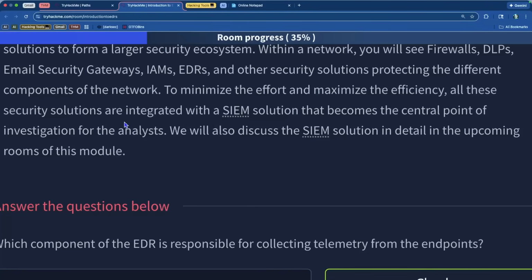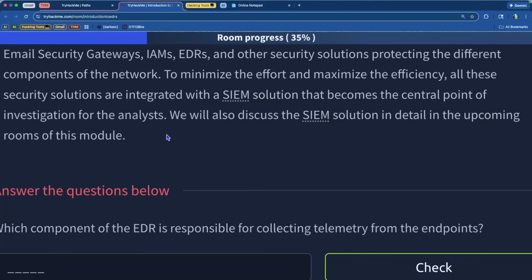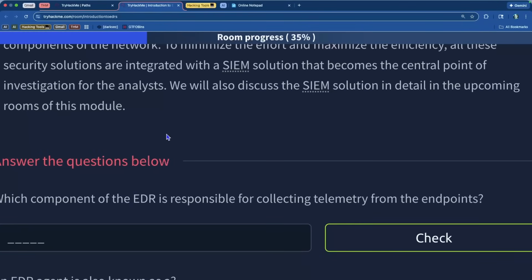The EDR log gets all of the endpoints, digests all of that information, creates one main giant log for the EDR, and that gets forwarded to the SIEM. Then the SIEM takes that EDR log, combines it with the network log, the security log, the firewall log, whatever else we've got, and combines all of those together to see if it notices any patterns, or at the very least for us to be able to investigate what we think might be a pattern.